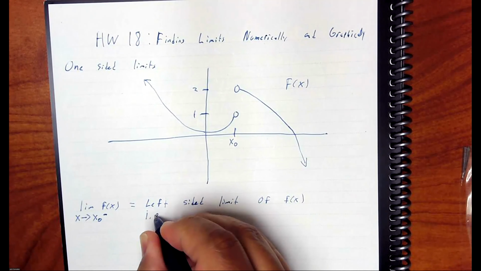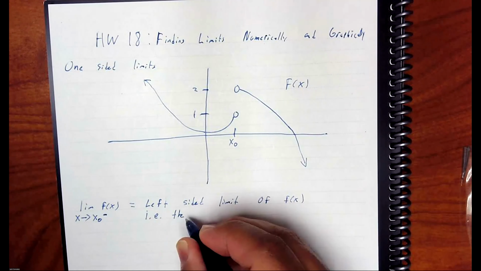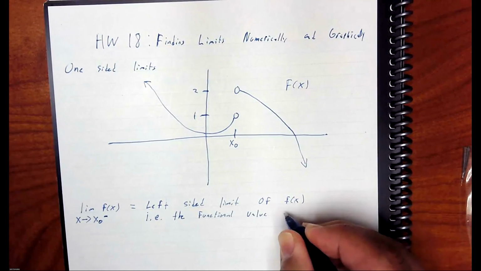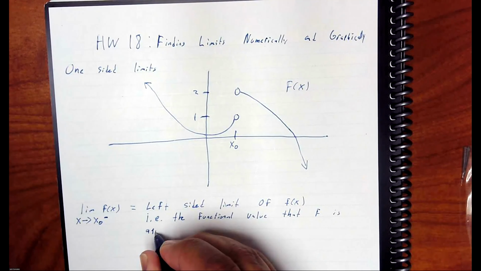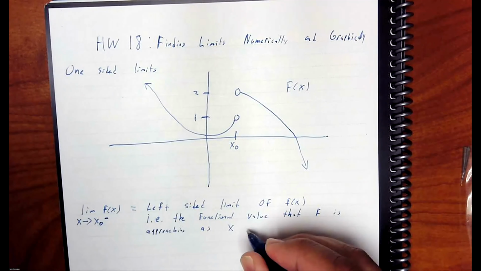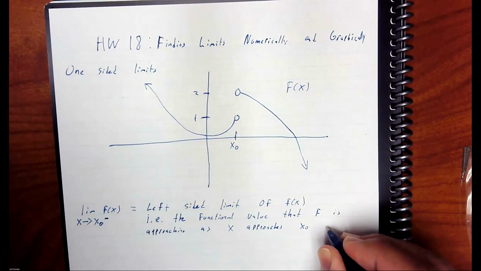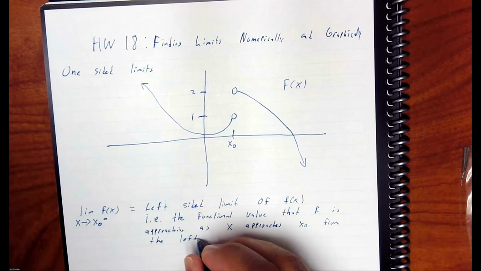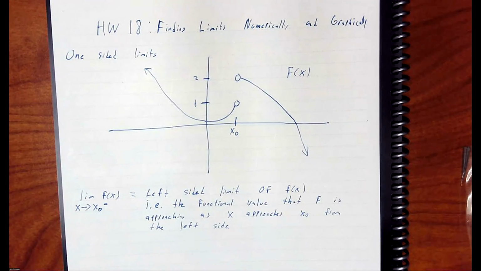That is to say, the functional value that f is approaching as x approaches x naught from the left side. Just in words, right? We can visually see what's going on.